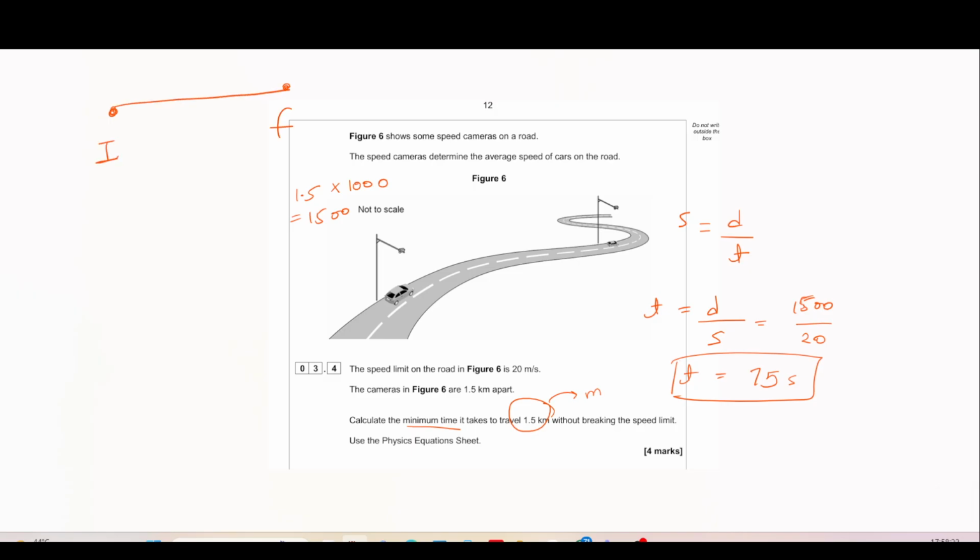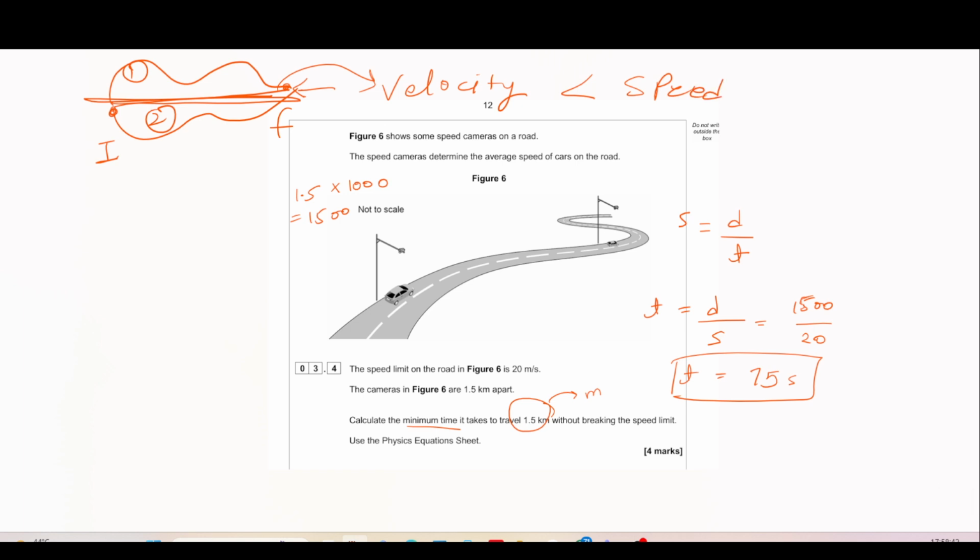This is displacement between these two points, but distance can be all these. Suppose one person takes this path, another takes this path, so all these are distance, but this shortest is displacement. And velocity includes displacement, so velocity is smaller than speed because speed includes distance.